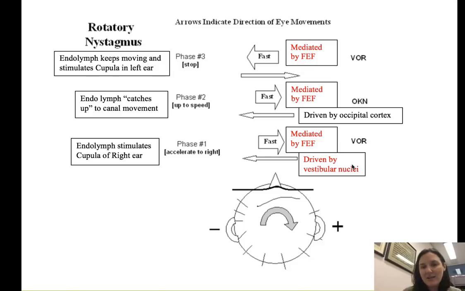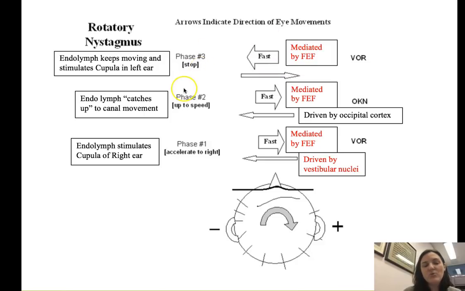Then the OKN kicks in because the occipital cortex has taken over, but the frontal eye fields are still bringing the eyes over. And then when you stop, then the endolymph moves in the opposite direction, and you stimulate the left ear. So then you get what we call rebound nystagmus, because then your eyes want to be driven in the opposite direction by the VOR, and then your opposite frontal eye fields come into play.